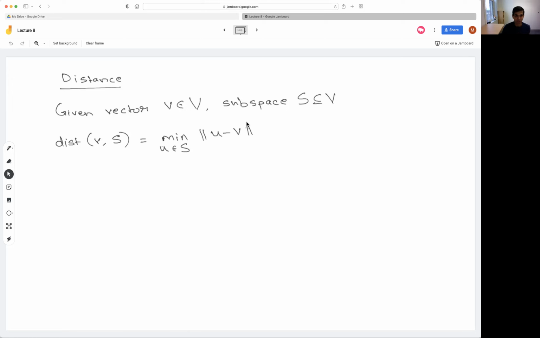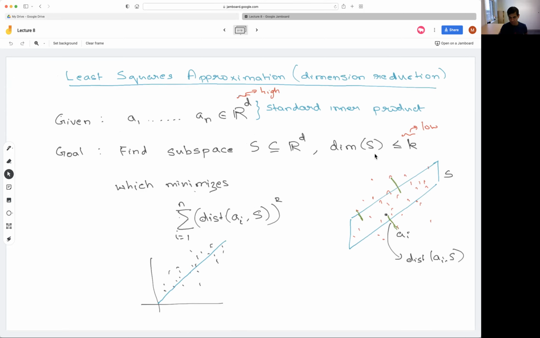And in this geometric picture, it seems intuitive that you drop a perpendicular from a point to a subspace and then calculate the length of that perpendicular, or these green lines.